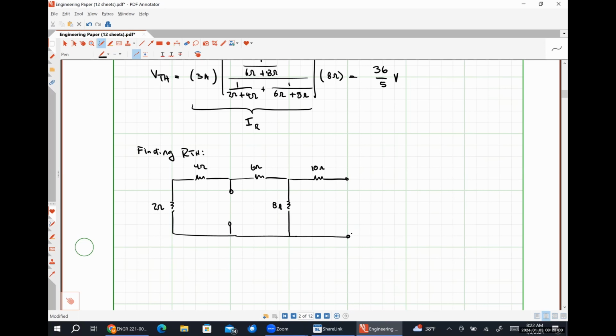So I now have two sets of open circuited terminals. Which ones am I looking into to find the Thevenin equivalent resistance?